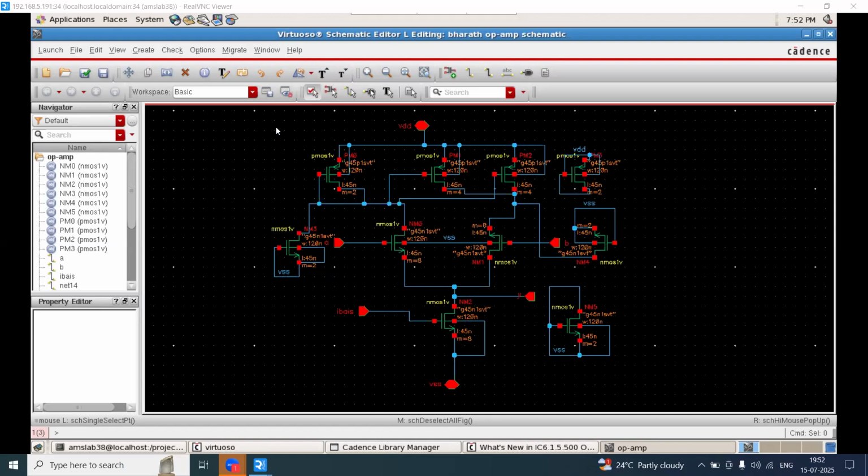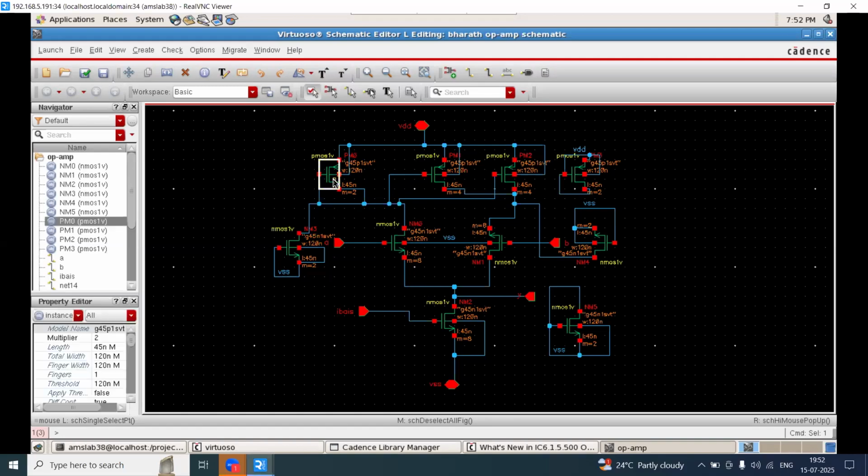The first set will be the current mirror: 1, 2, 3. The gates are commonly connected together, supplies are connected to VDD, and drain and gate are connected for this diode connected device, and the other gates are connected to the same net.